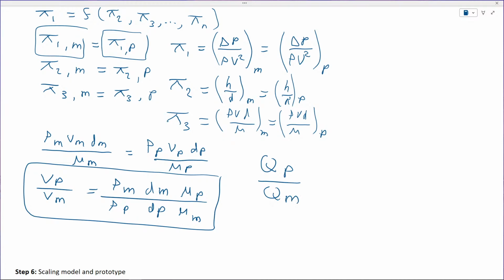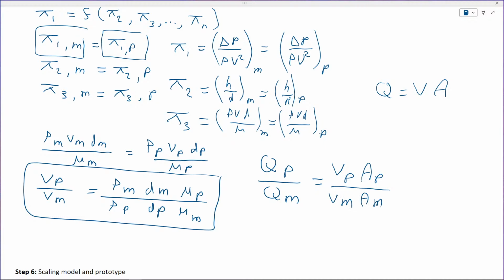That requires a little bit of thinking, because what's Q? Remember Q, the flow, we've seen this before: that's velocity times area. Velocity is L over T, area is L squared, you get Q. So that would be velocity of the prototype times area of the prototype over velocity of the model times the area of the model.